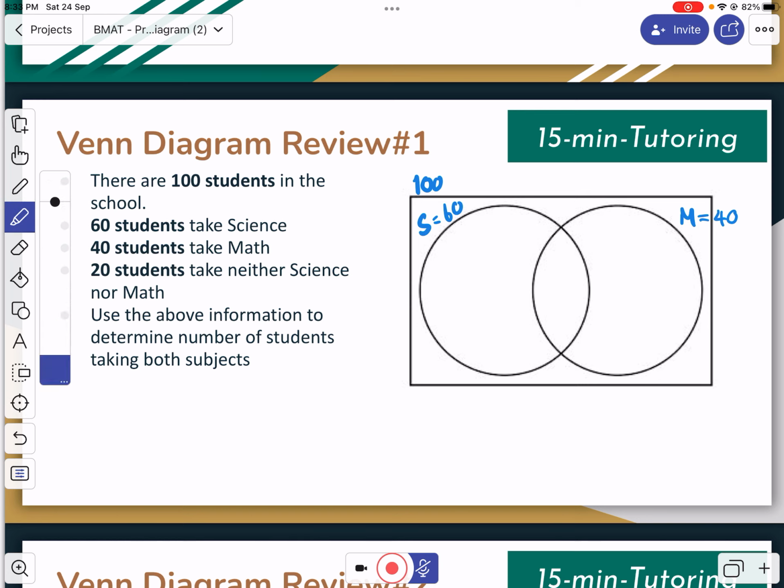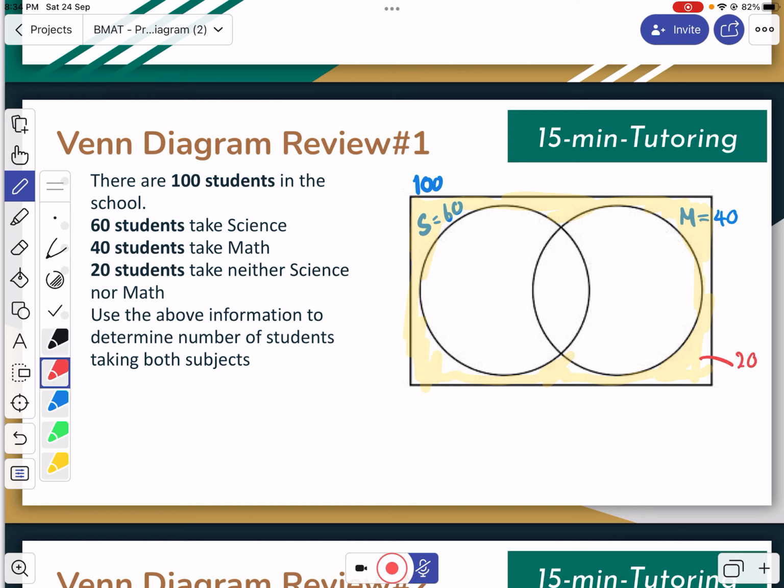Well, for those students, they are represented in the yellow area. And that is the area outside of both circles. In this case, the yellow area will be 20 students.